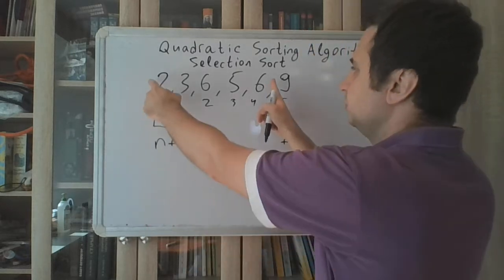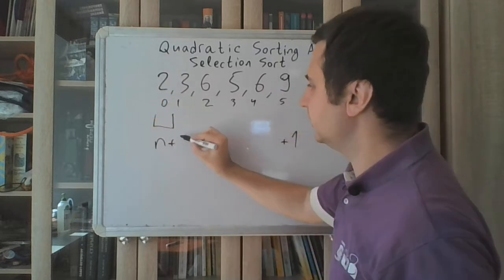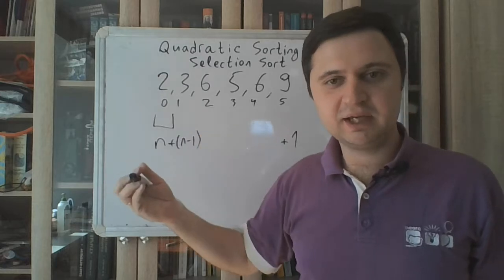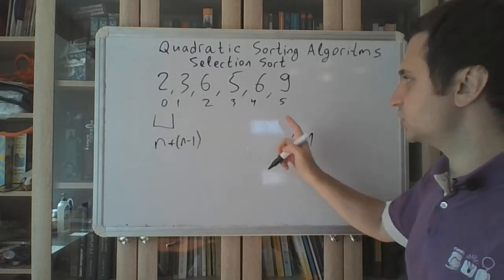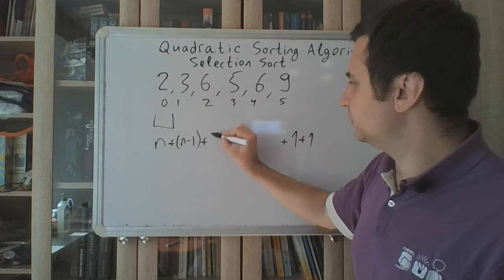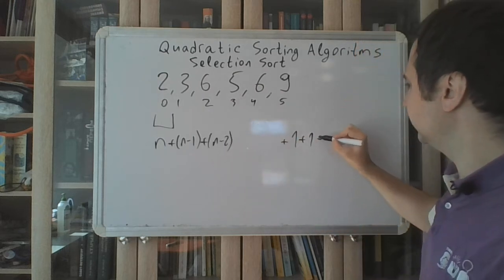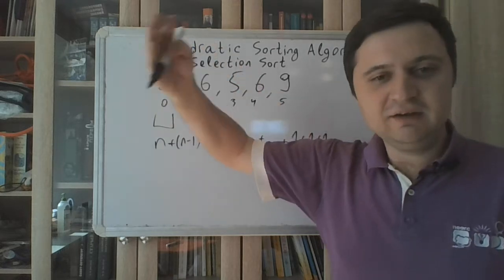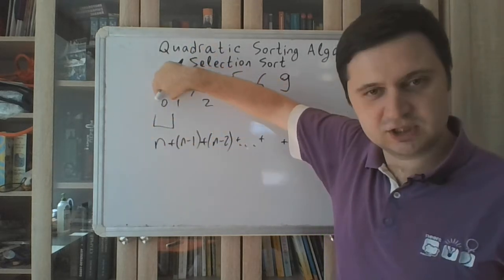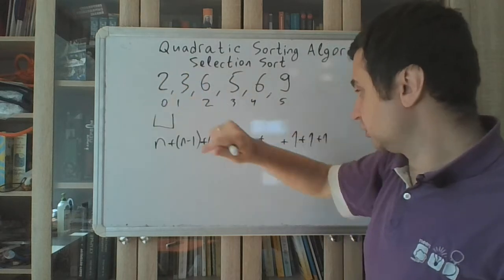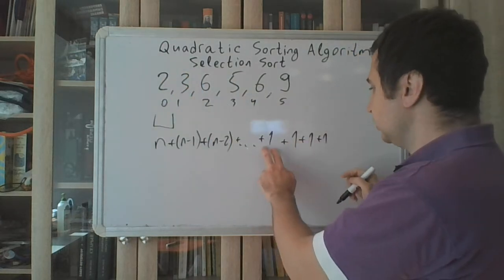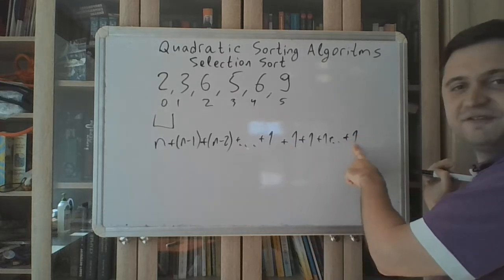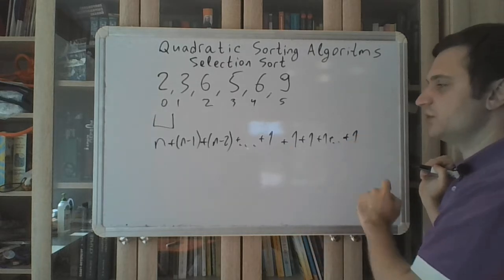Then for the next loop, the prefix of length n minus 1, you do n minus 1 operations for the loop finding the maximum value, and one swap operation. Then the next loop is n minus 2 operations for the loop and the swap, and so on. And for example, we even allow the stupid for loop for length 1. So there will be a for loop of length 1 and the definitely stupid swapping operation for length 1.